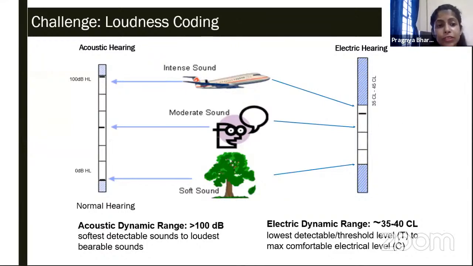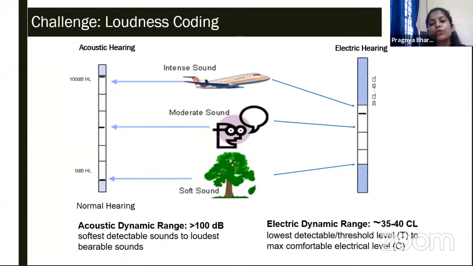In terms of loudness coding, as we know, in our natural hearing system, we are able to hear a huge range of sounds, right from a leaf rustling to a huge bomb blast, right? So the dynamic range that each of us has is generally hundreds of decibels, or sometimes even more than that.